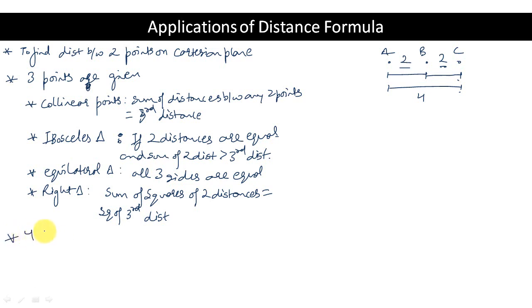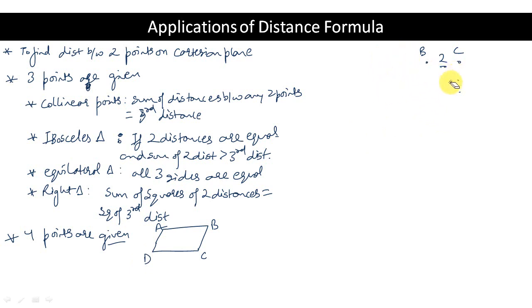Now if 4 points are given, let us draw the figure once. Suppose 4 points are given, A, B, C, D. To check whether it is a special quadrilateral, like a parallelogram, a rectangle, a square or a rhombus, we can check as follows. For a parallelogram, we will check whether the opposite sides are equal or not.